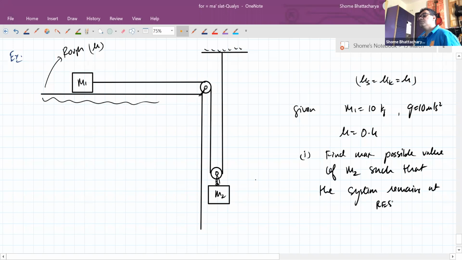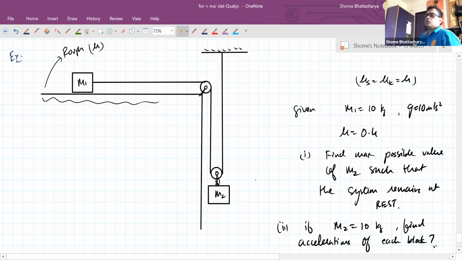What is the maximum mass M2 that we can attach so that the system remains at rest? That's the first thing. And secondly, if M2 is also equal to 10 kgs, then find accelerations of each block. How much acceleration each of the blocks are having.